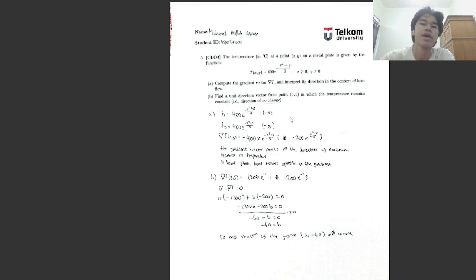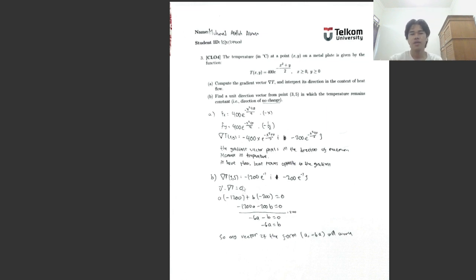And the second one: find the unit direction vector from 3, 5 in which the temperature remains constant. So we need to find the direction in which it remains constant. That means the dot product will be equal to 0.